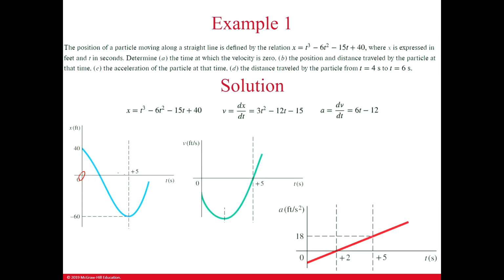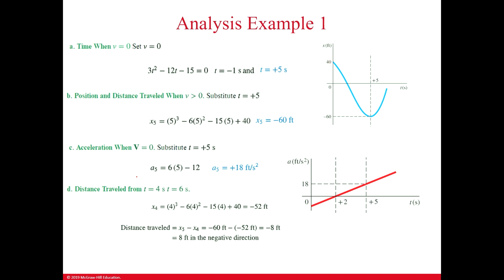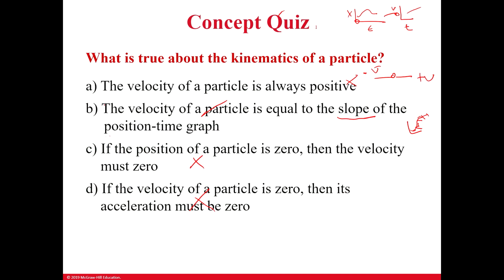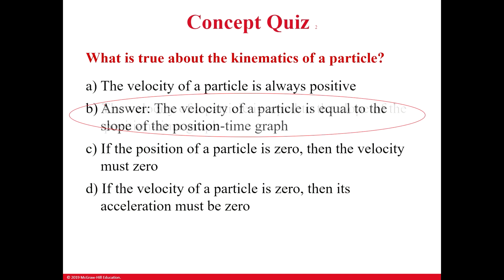But look at this case right here. Our distance is 0 and our velocity is not 0. And at that point, the acceleration is 0, but it doesn't have to be 0. It just depends on the function itself. So that is not always true. Therefore, that's not correct. So the answer is the velocity of a particle is equal to the slope, or the derivative, of the position-time graph.